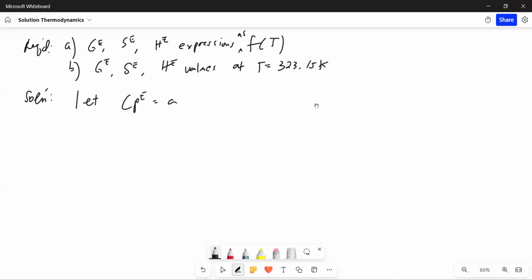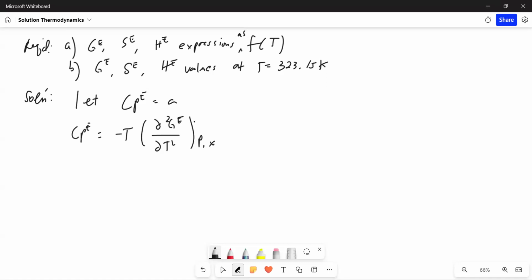Okay, we go back to the whiteboard. So I'm showing the whiteboard now. We write CPE from the table. So that's negative temperature times the second order partial derivative of GE with respect to T, at constant P and composition. All right.